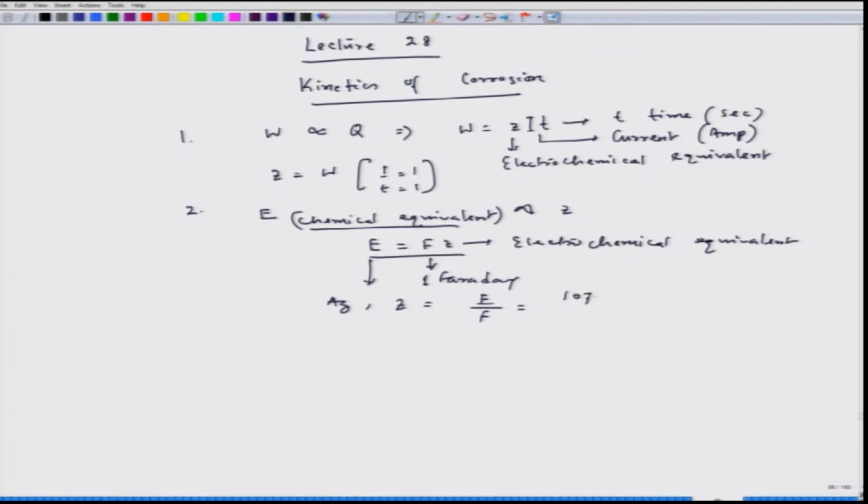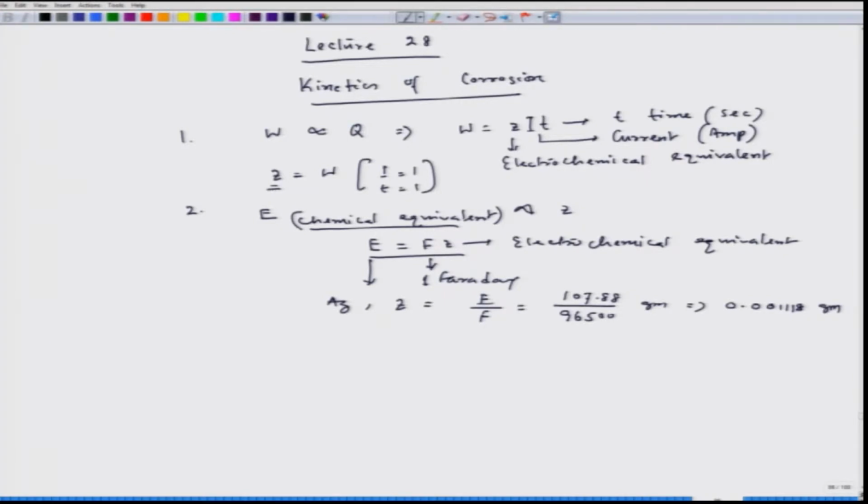So, 107.88 divided by 96500 gram, and this is coming out to be 0.001118 gram per coulomb. So with the help of second law, we can find out the value of Z.